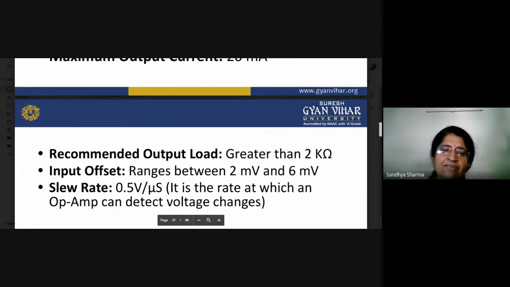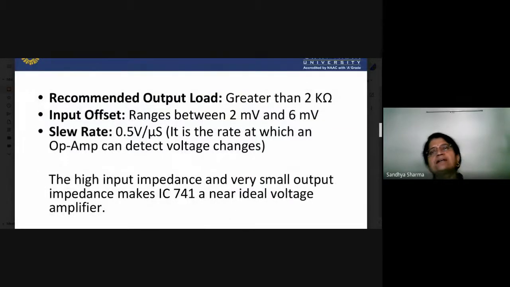And the slew rate is the rate at which the output can follow voltage changes. That is 0.5 volt per microsecond. So these are standard or ideal parameters of an operational amplifier, and in practical conditions we will achieve parameters near these ideal parameters.